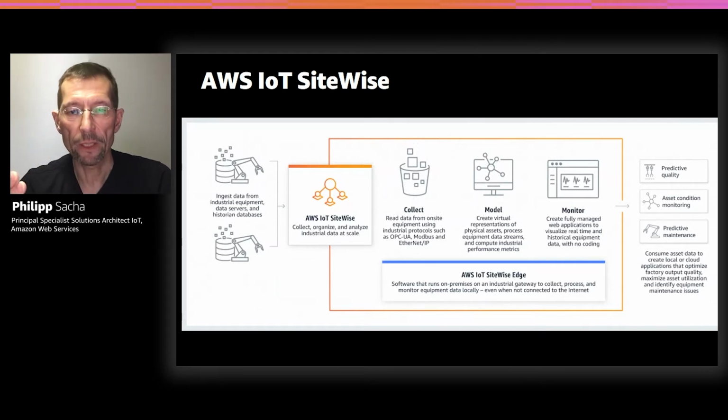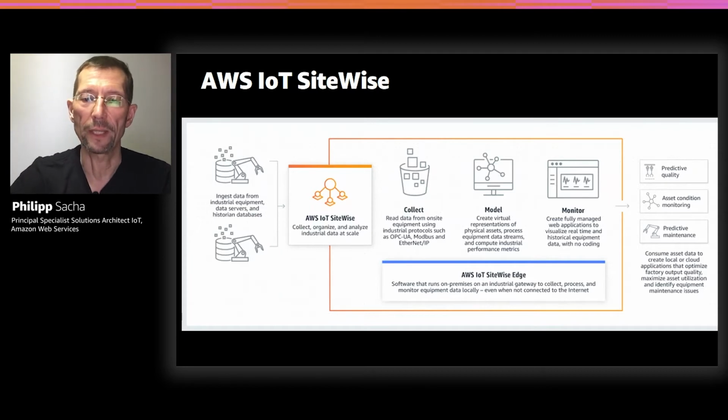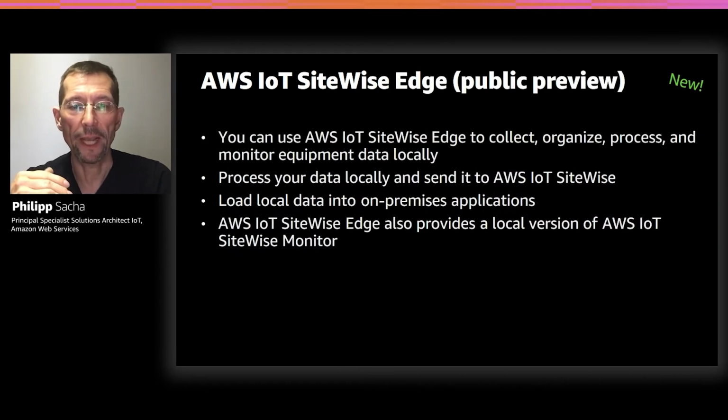At re:Invent 2020, we just launched AWS IoT SiteWise Edge in preview. This is a new capability of AWS IoT SiteWise. AWS IoT SiteWise Edge brings features of AWS IoT SiteWise to the edge.